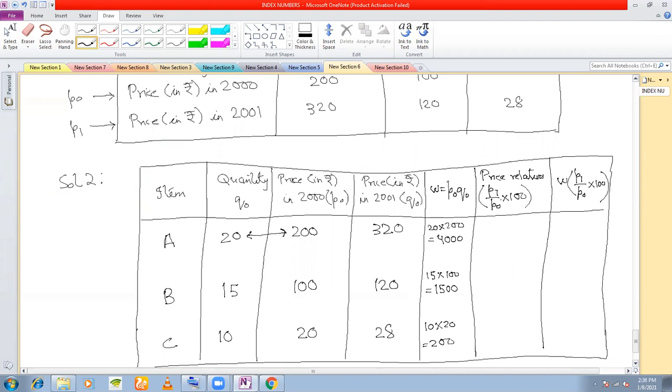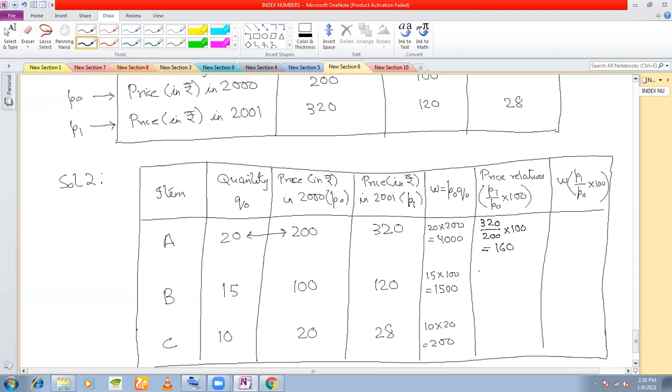Next you calculate the price relative. For the current year, this should not be Q0. This should be P1, because this is the current year for which we are calculating the index. So this is 320 divided by 200 into 100, which you will get as 160.